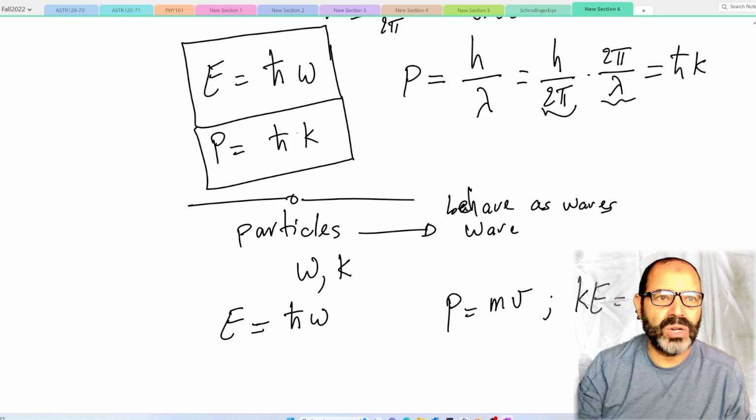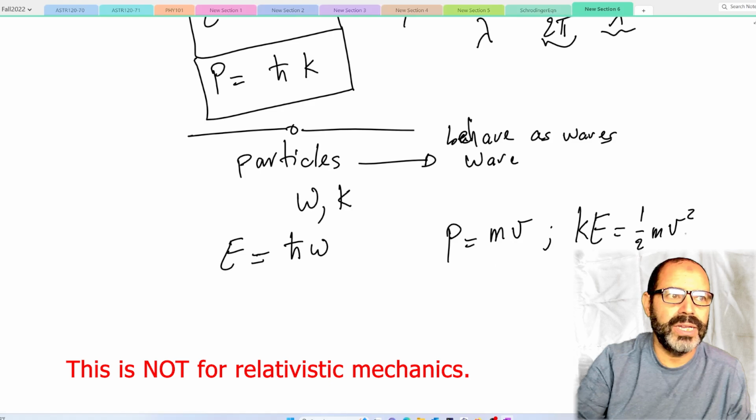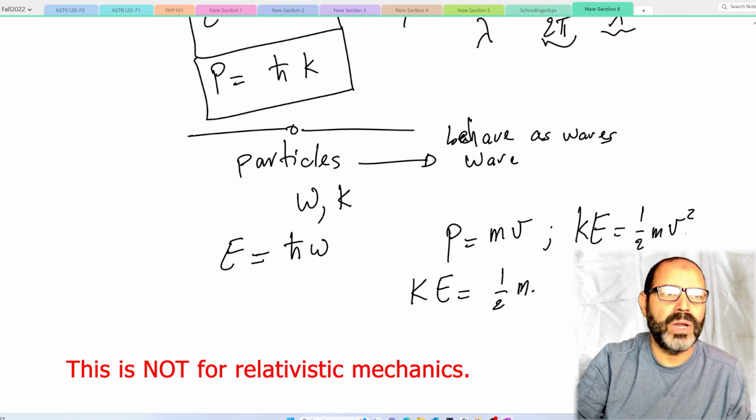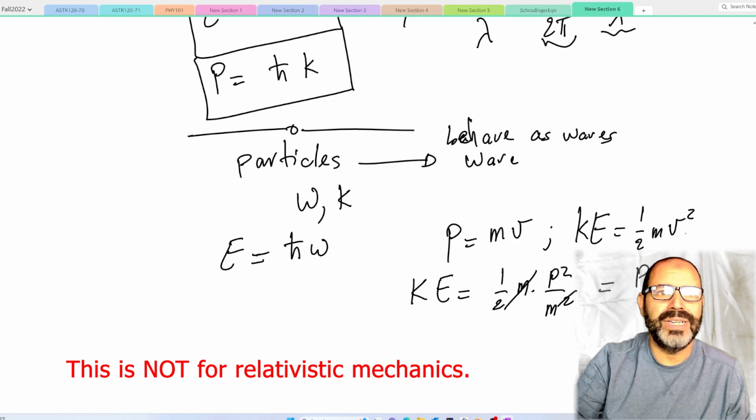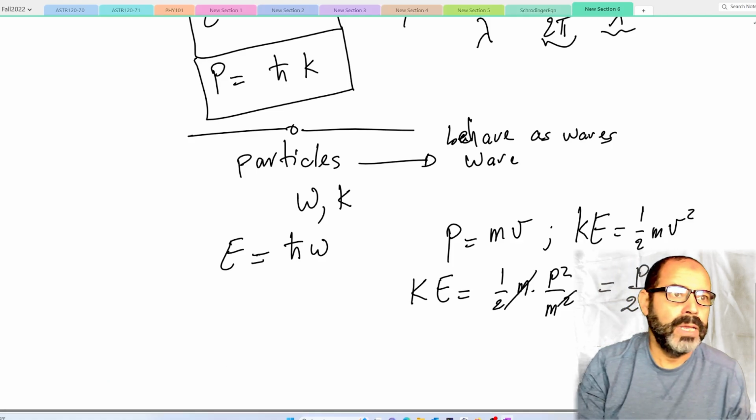Now if I take that quantity v from this expression and sub it in there, the kinetic energy of a particle is equal to 1/2 of mass times velocity squared, and velocity is p over m, so it's p squared over m squared. Cancel the m squared with the m, and we can write the kinetic energy of a particle as just p squared over 2m in terms of its momentum instead of its velocity.